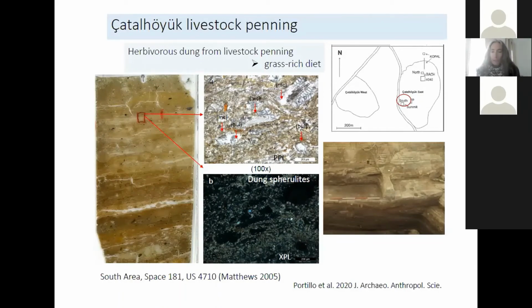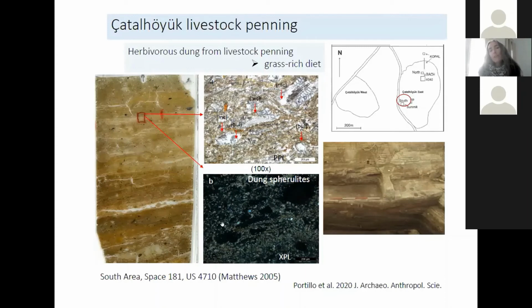And in the deep sounding, the South Area, there are already massive areas, these stabling floors, animal pens, compacted dung. Here you have a view of the phytoliths in anatomical connection, these bulliform phytoliths from the leaves of grasses. And the same image with the cross-polarized light with the spaces of the phytoliths.